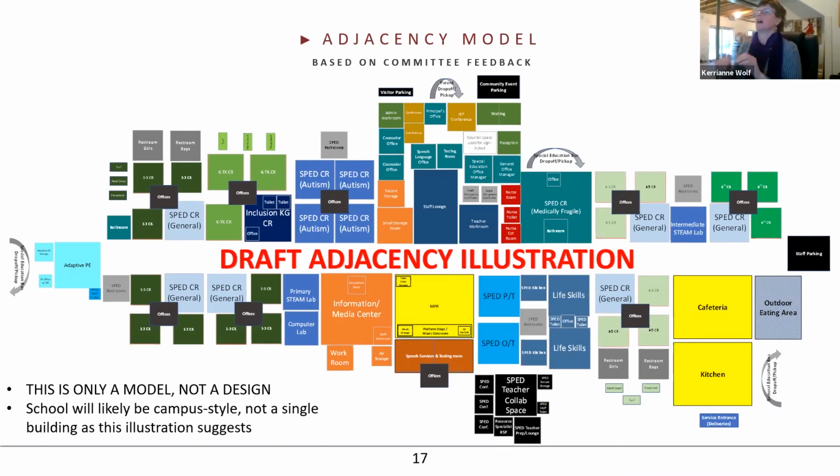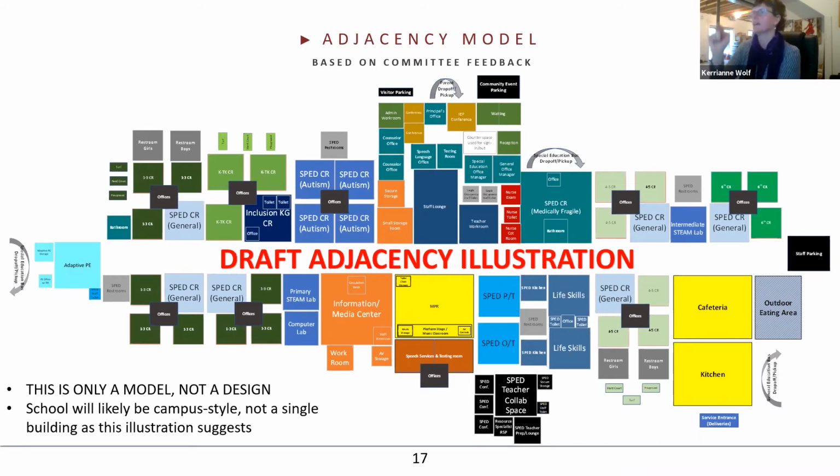So I'm envisioning that ultimately the concepts will be the same, but it'll visually appear different. Right now it's very separate and linear, and I'm envisioning that it will probably end up being bigger chunks: the core spaces, multipurpose room, admin, and media, special needs spaces, medically fragile, adaptive, and then the core classrooms on the right-hand side.